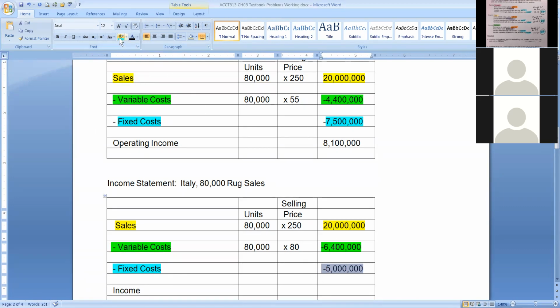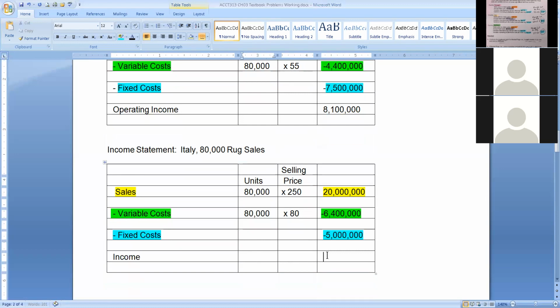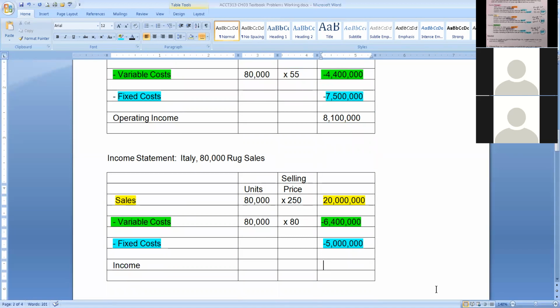All right, so that would be our income. $8,600,000. Okay, so 8,100,000 would be the income.